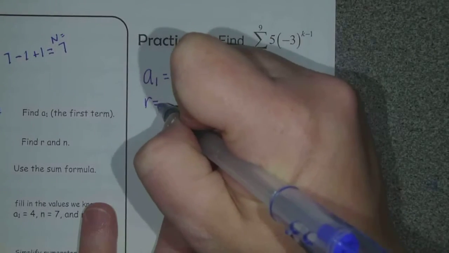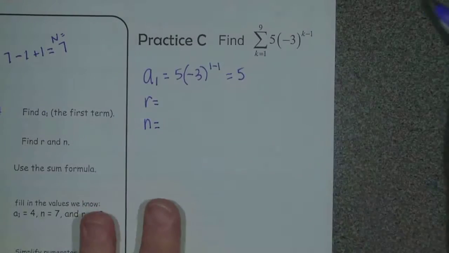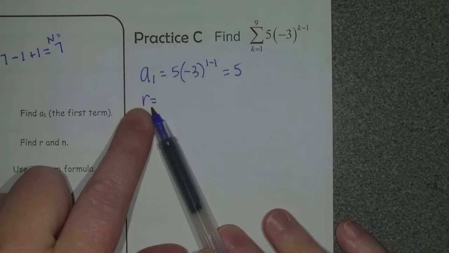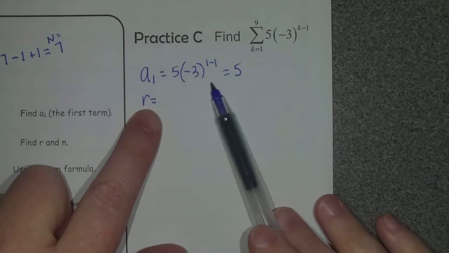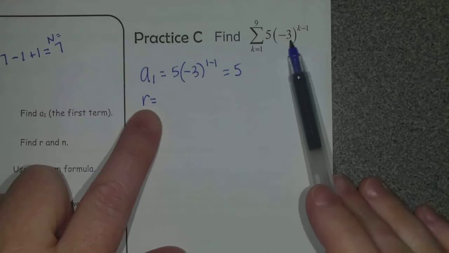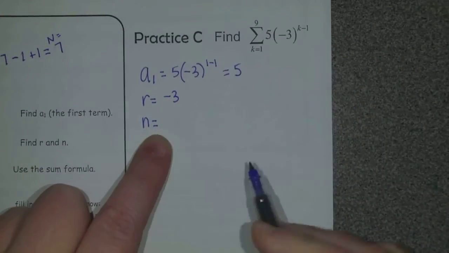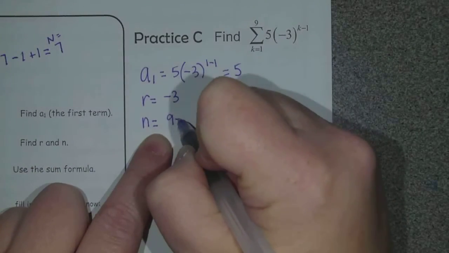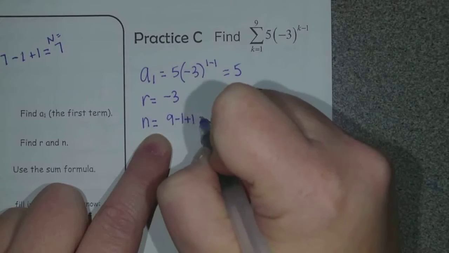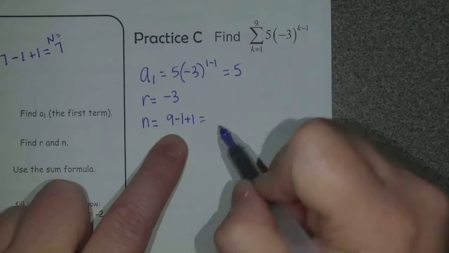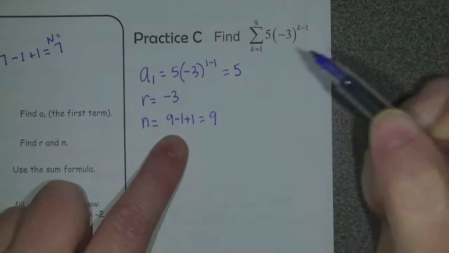Okay, what's the other thing I need to know? I need to know the common ratio, and I need to know the number of terms. Anybody remember where I said to find the common ratio at? It's the number that's raised to the power. So what's the common ratio? -3. And then the number of terms would be 9 minus 1 plus 1. Again, it's the top minus the bottom plus 1, which in this case is 9.